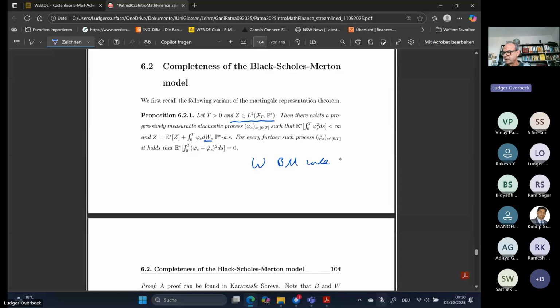So if Z is in L square, meaning the second moment exists, E star Z square smaller than infinity, then we have a progressive measurable process, which is almost like adapted, such that we can write Z as a constant, the expectation, plus a stochastic integral with respect to Brownian motion.